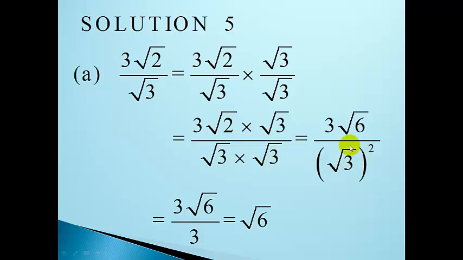Now when the square cancels the root, we are left with 3. This means that the answer now becomes 3 root 6 divided by 3. Now 3 goes into 3 once, and 1 root 6 is the same as root 6. Therefore 3 root 2 divided by root 3 is equal to root 6.